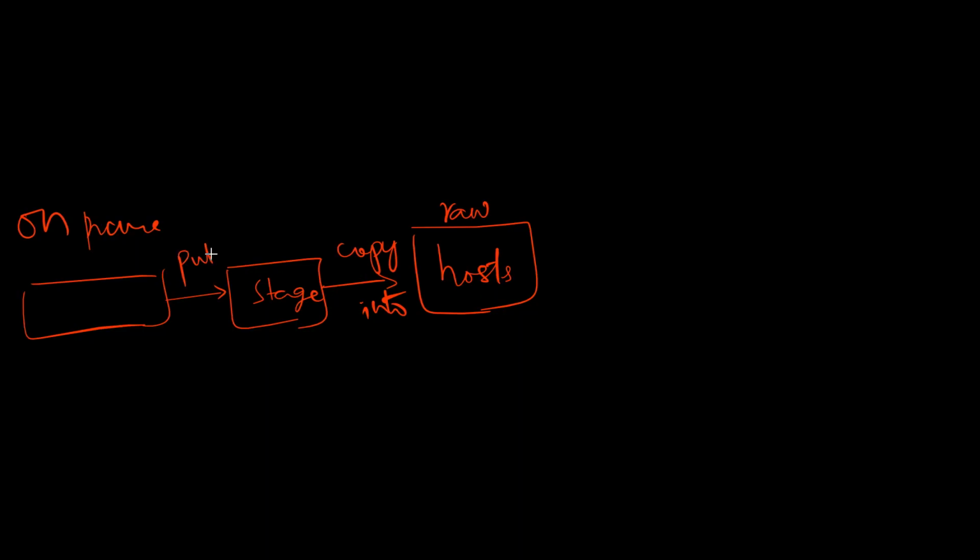Using the put command, we uploaded the CSV file into the stage. Then from the stage, using the copy into command, we loaded the stage files into our table. Now we have data in the table.